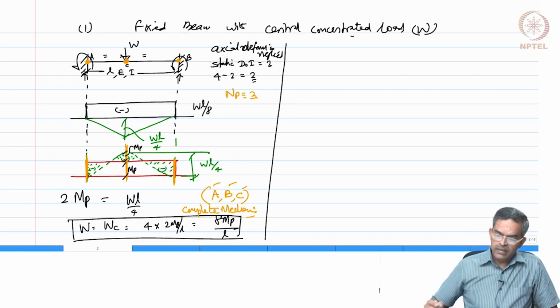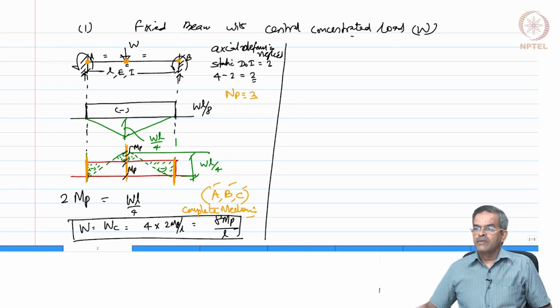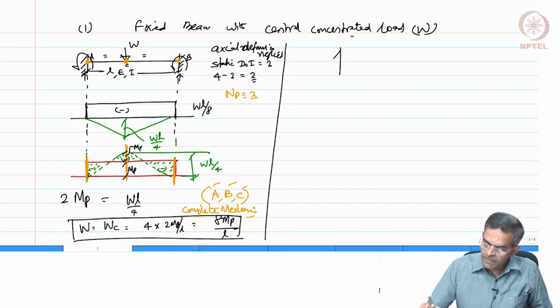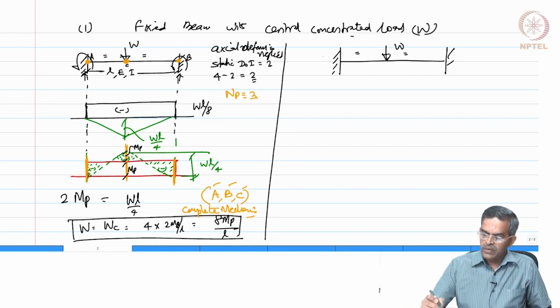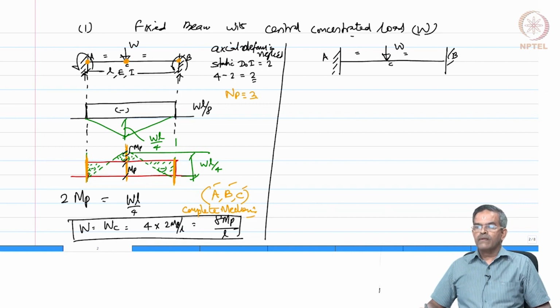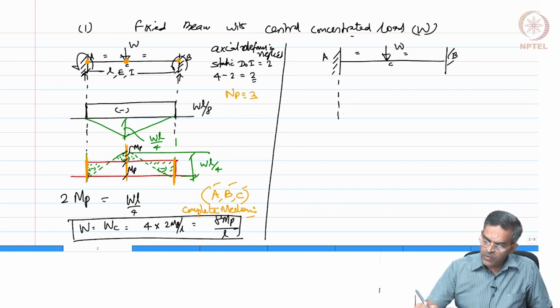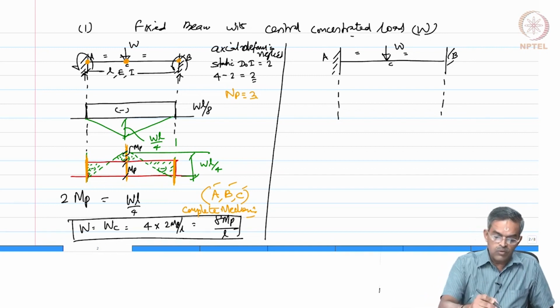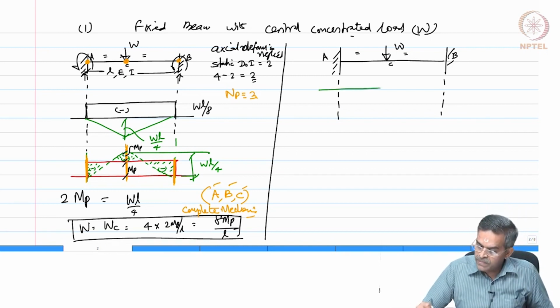On the other hand, let us try to solve this problem using the kinematic theorem. So, I have a fixed beam subjected to central concentrated load W. The locations are A, B and C. Okay. Let me now assume a mechanism, right. So, the assumed mechanism is a beam mechanism.